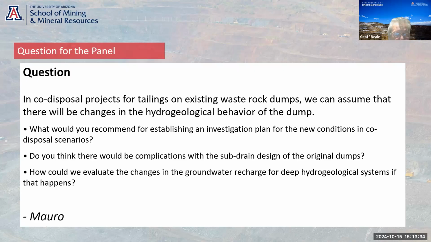So the first thing would be to establish the pore pressure conditions in the dump, particularly look at any layering within the dump, and then do some initial water balance calculations as to what the release rate of water is from the tailings, and have some indication of how that may influence dump stability.